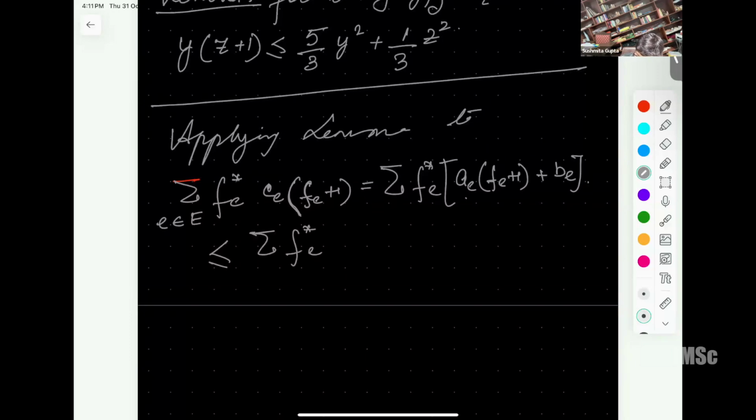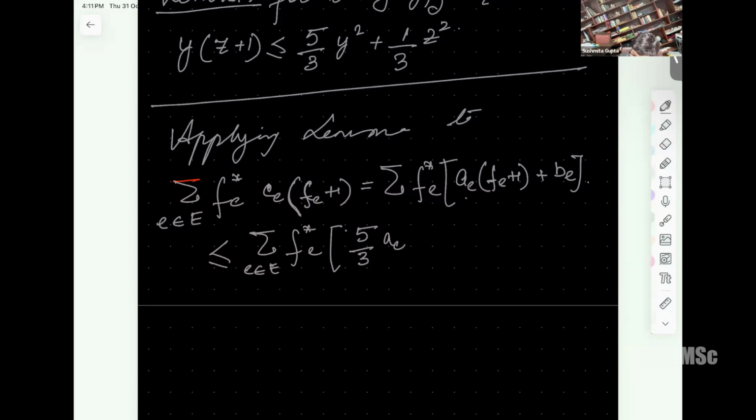So f star e times (5 by 3 AE squared, please check as I'm writing if I'm writing correctly) plus 1 by 3 (FE star plus BE).